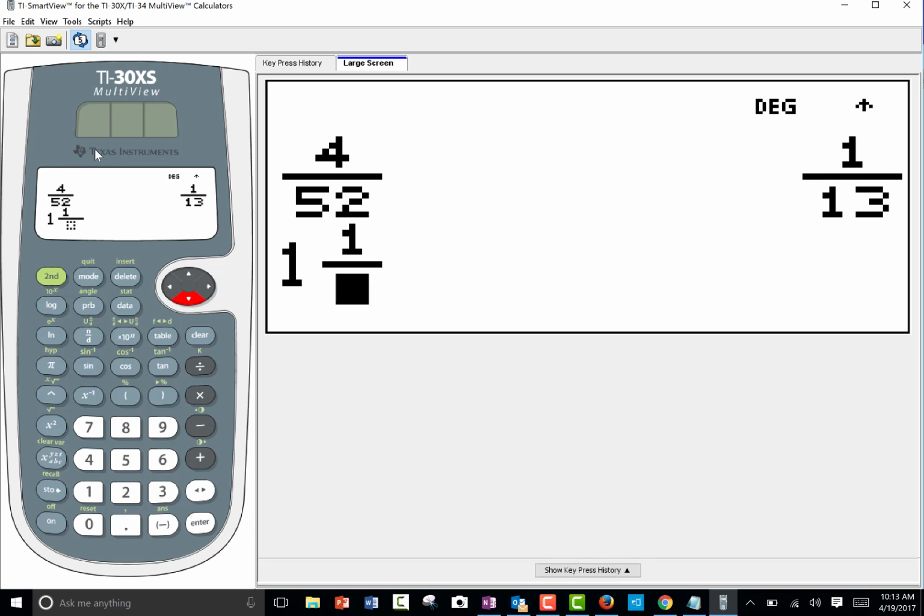So 1 1/2. So again, this is part C. So there's my fraction 1 1/2. And then over 2. So I can hit the divided by if I want to, or I could just hit the fraction. I'm going to hit enter. And notice it reduces it for you. So it reduces it down to 3/4. So that's what you're doing on those. You're just reducing them down to lowest terms, and it does it for you.